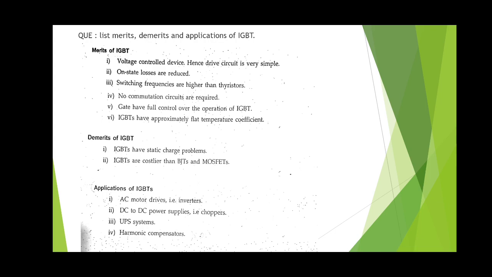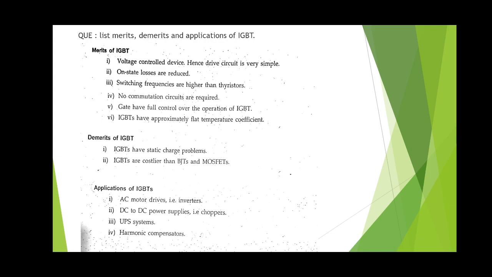Switching frequencies are higher than the thyristor. No commutation circuits are required. The gate will have full control over the operation of the IGBT. Then IGBTs have an approximately flat temperature coefficient, so temperature will not change the resistance or the conductivity of the device.